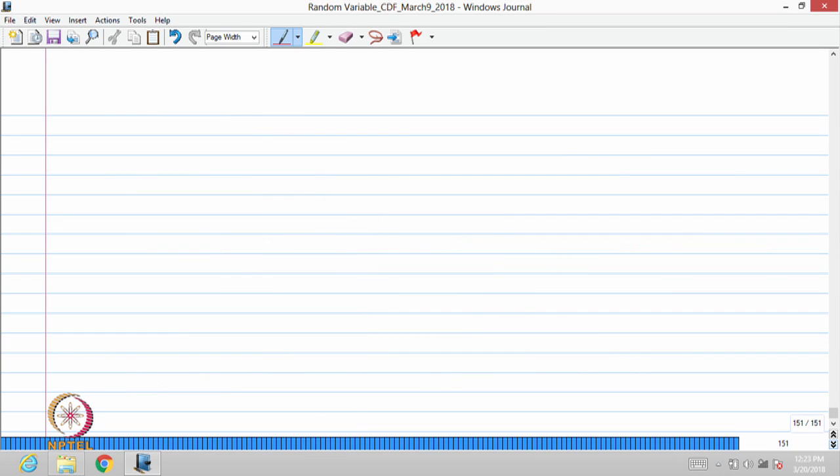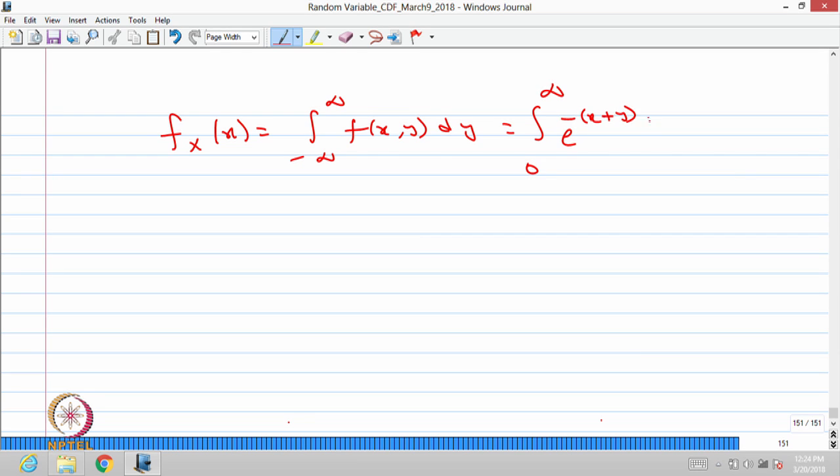Let us go for finding out the marginal distribution by integrating the joint probability density function with respect to y, that is the integral from 0 to infinity of e power minus (x plus y) with respect to y. If you do this integration, you will get e power minus x when x lies between 0 to infinity.